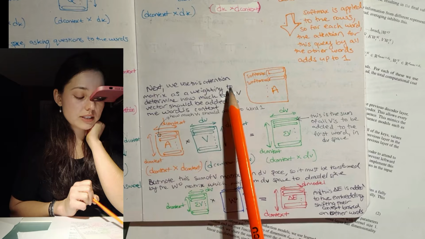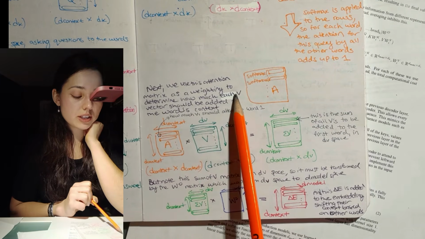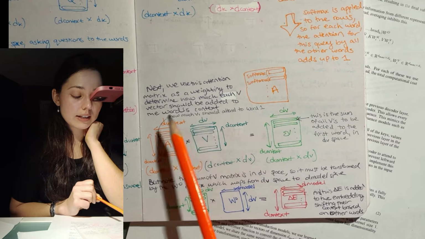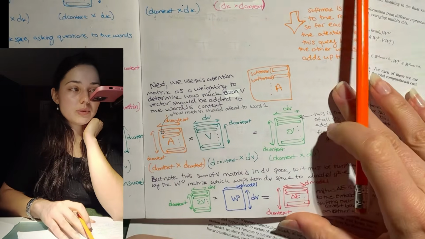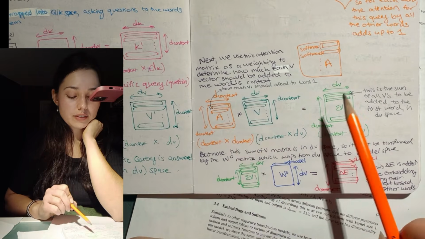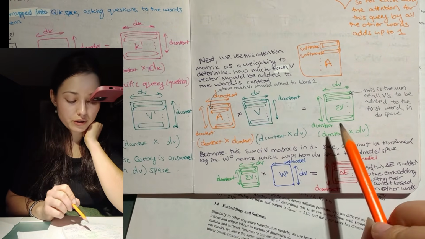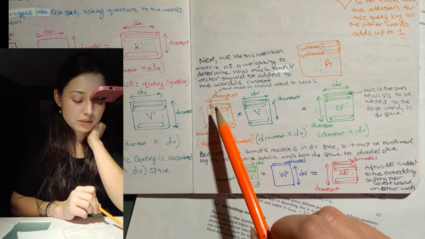Next, we use this attention matrix as a weighting to determine how much each V vector should be added to the word's context. So we take this attention vector, multiply it by these V vectors, and we get the sum of all the V vectors for that word. Let's think about what's happening.